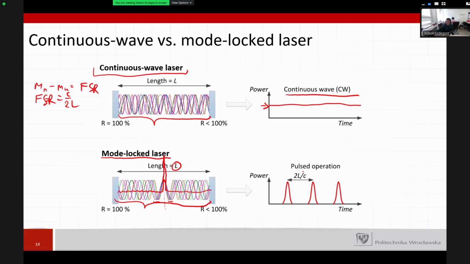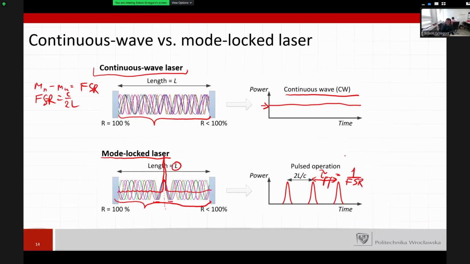So this will be 2L over c, where c is the speed of light and L is the length of the resonator. This will be the inverse of the mode spacing, the FSR. So in the time domain, this pulse to pulse spacing is equal to 1 over FSR.